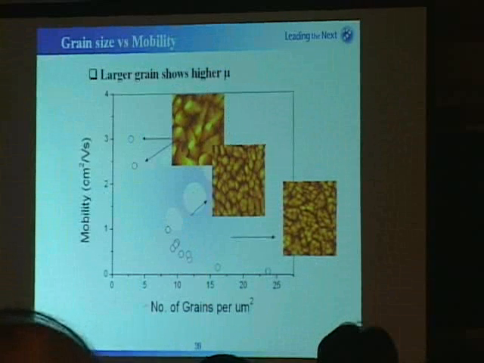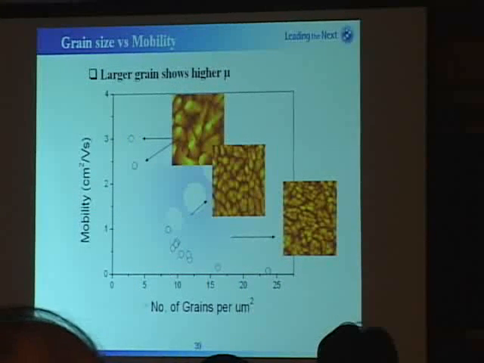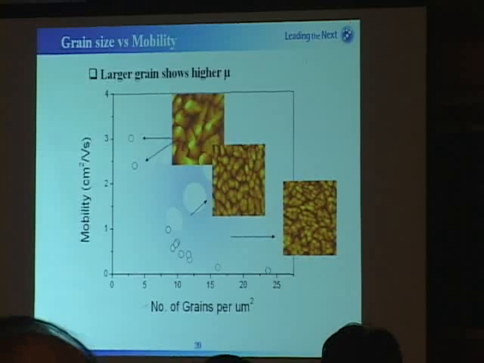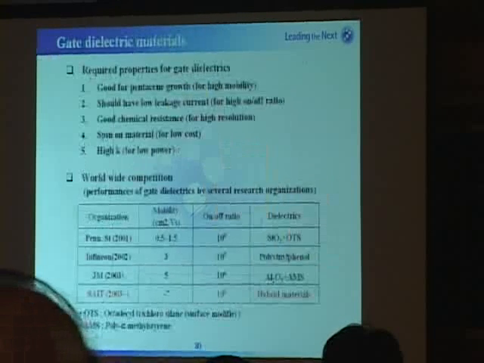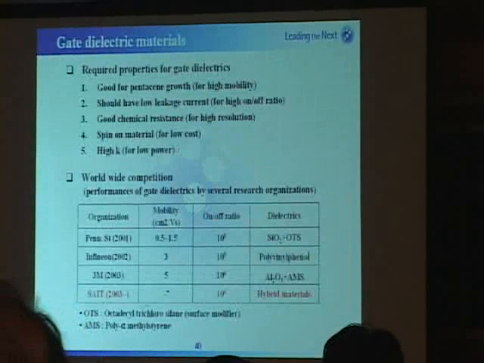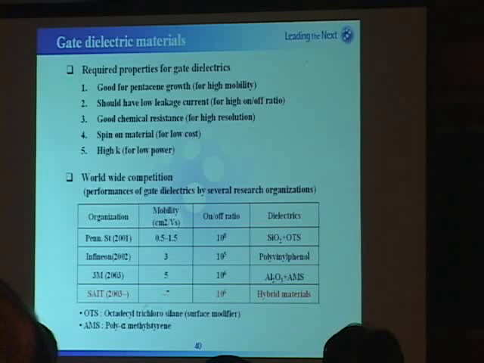This picture shows the grain size is closely related to the mobilities. This is the number of grains per square micron, and this is the mobility. As shown in these pictures, a larger grain shows higher mobility. Another important material for organic TFT is gate dielectric material.